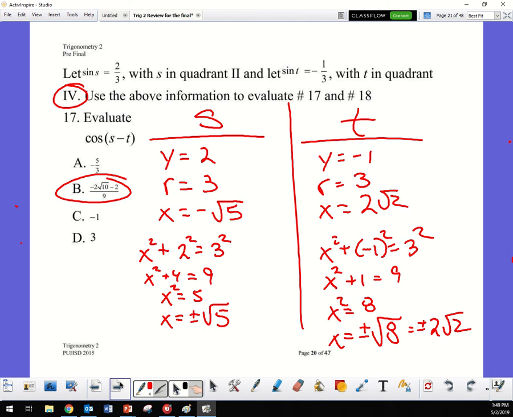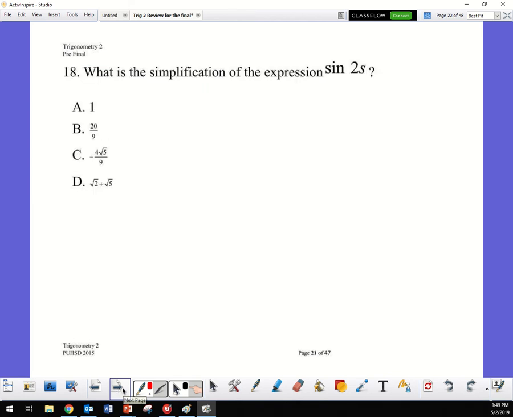Now, let's look at the next one, because 17 and 18 are using the same information. I want you guys to put your finger on the double angle for sine. Trust me, it's on the back of the page. Unless you flip your page, you're not going to see it.